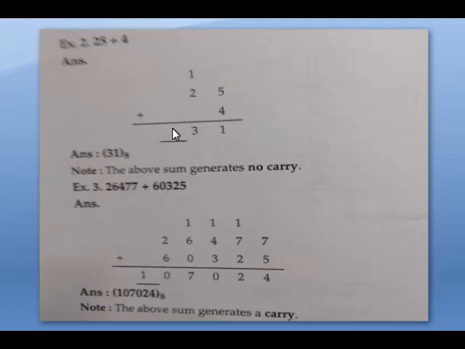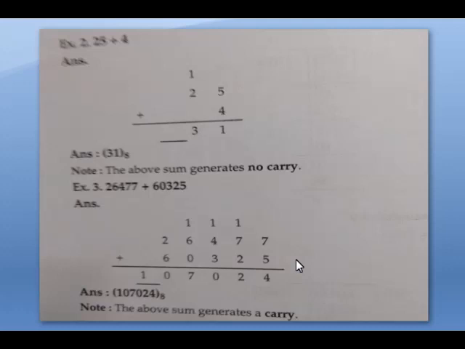Okay. The next example is 26477 plus 60325. The same way you have to do. 7 plus 5 means 7, then the next numbers are 10, 11, 12, 13, 14.